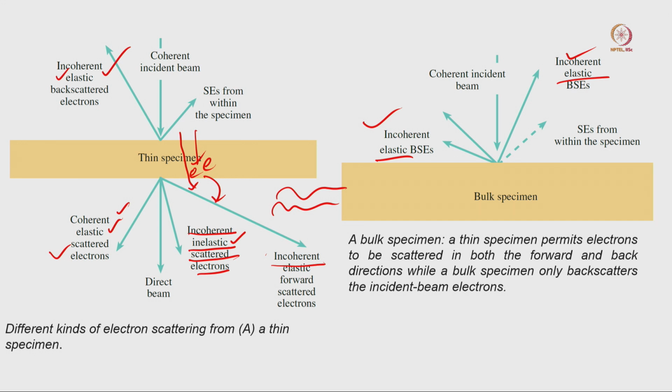The major difference between the material science electron microscope and the biological science electron microscope is that we cannot use a very high electron dose for a biological sample.